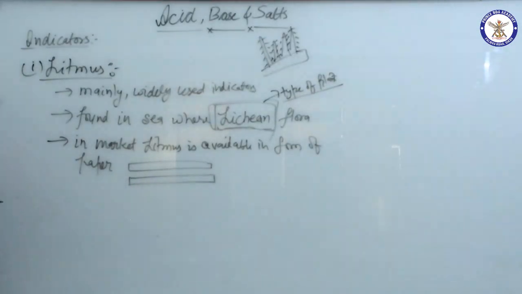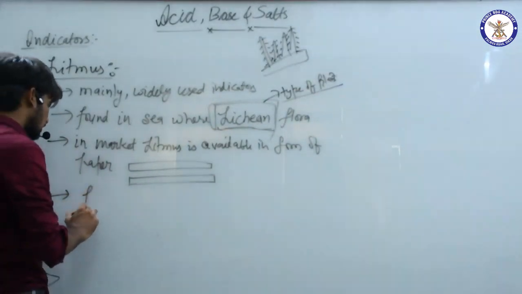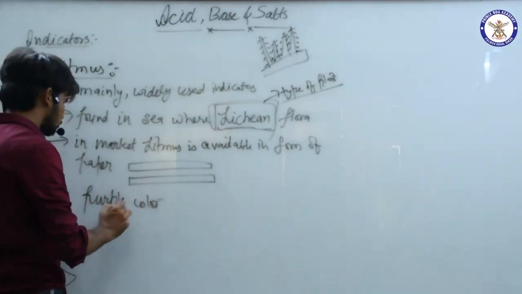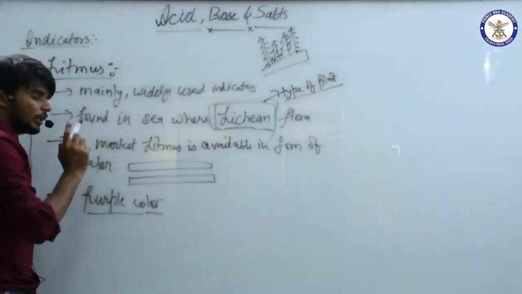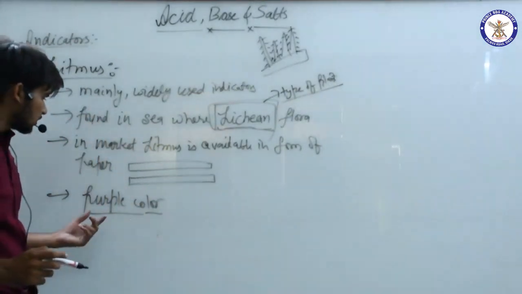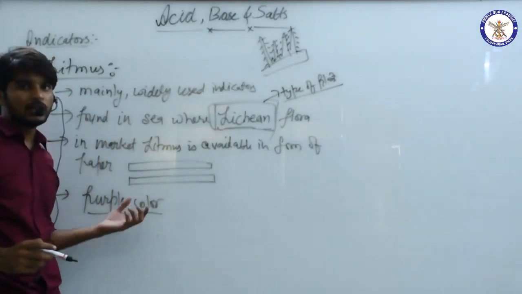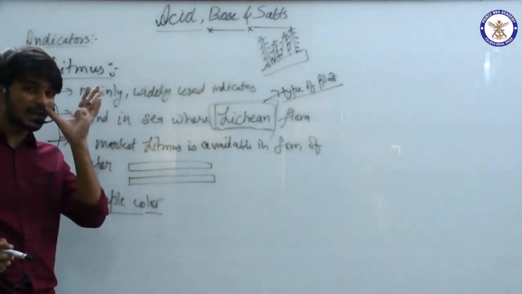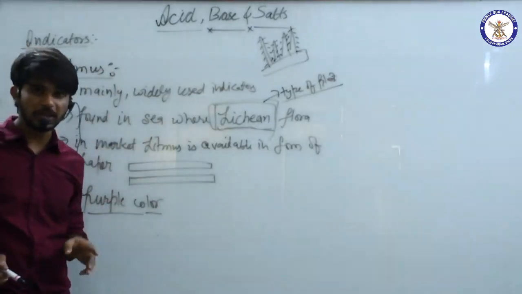Now we need to discuss the main point: what color does it turn? See, before that we need to know that the strip of litmus paper is actually purple. So this is not the color after adding acid or base; it is the color of litmus itself, purple.